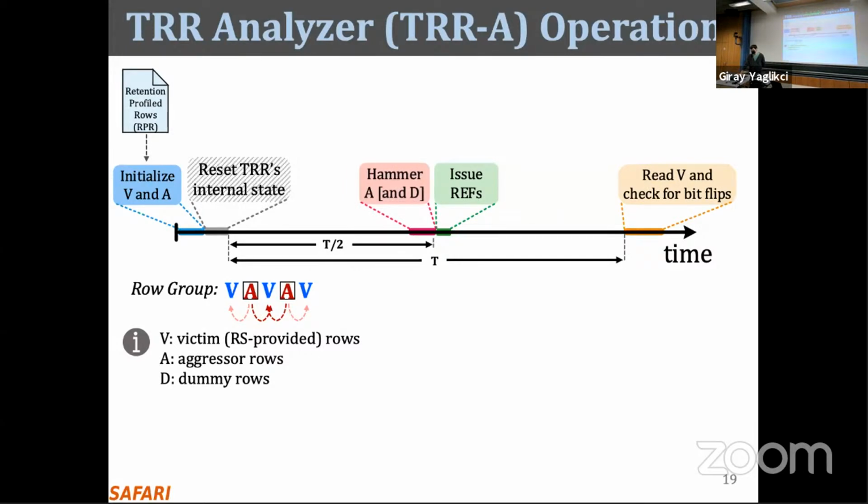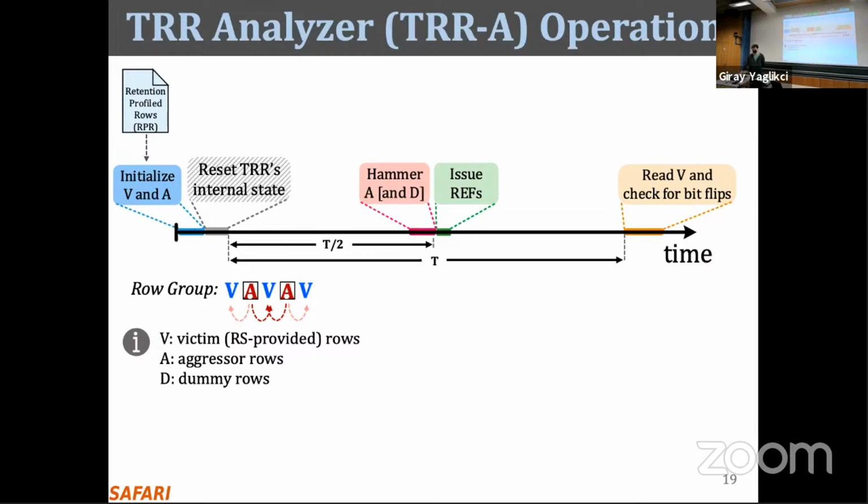In order to make the TR mechanism target these victim rows whose retention times we know, the user may activate many times, or hammer, aggressor rows near these victim rows.